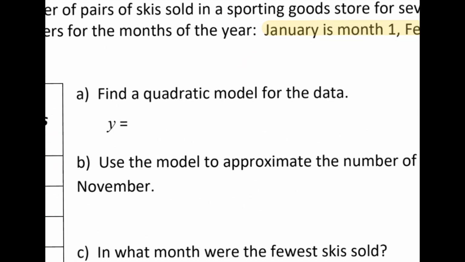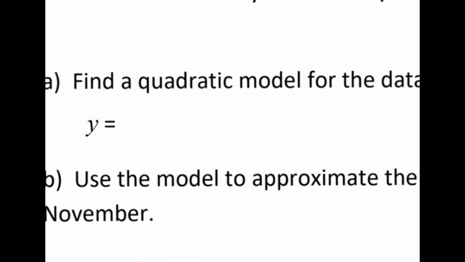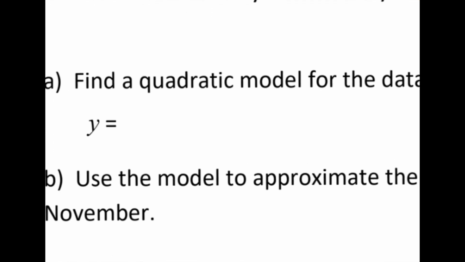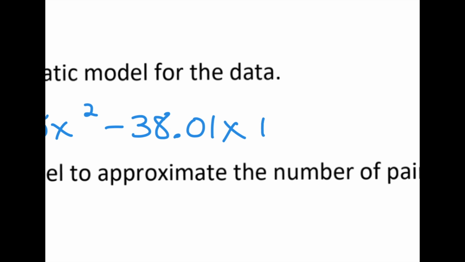The equation then is, and I'm going to round those decimals to 2 places, Y equals, let's say, 2.95 x squared minus 38.01 x, and then plus 123.71.